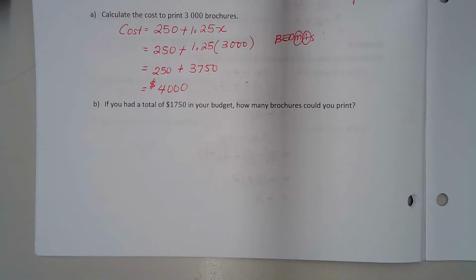If you had a total of $1,750 in your budget, how many brochures can you print? Okay. We haven't really dived into solving equations, so I'm not going to use the solving equation way. I'll show you a different way of figuring this out.